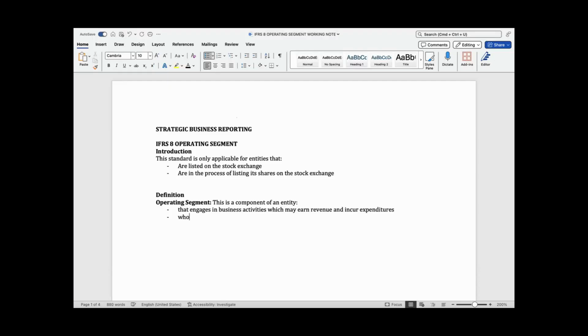Two, whose operating results are regularly reviewed by a CODM, who is called a Chief Operating Decision Maker, who is a person that allocates resources to each segment, and at the end of the year, assess their performance.